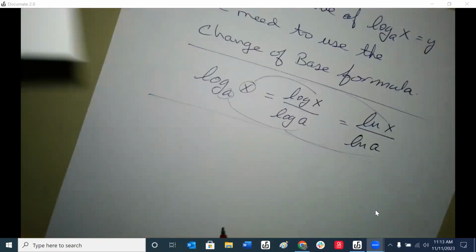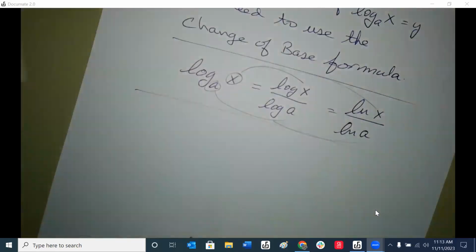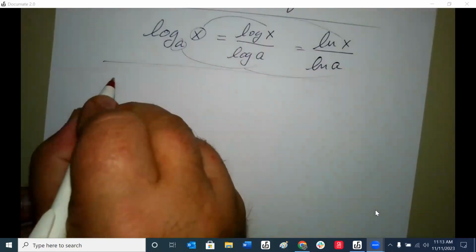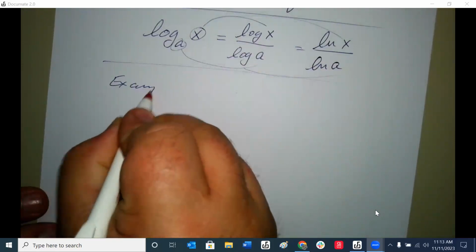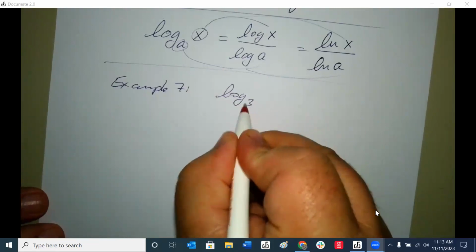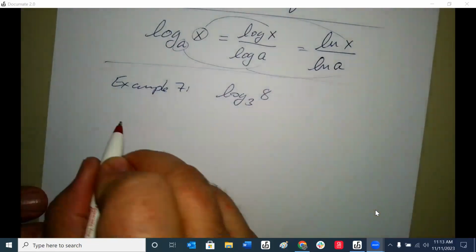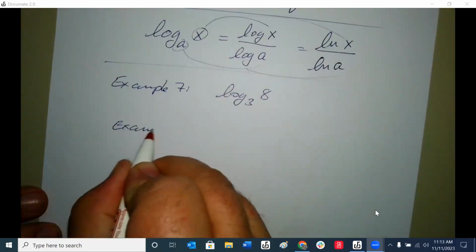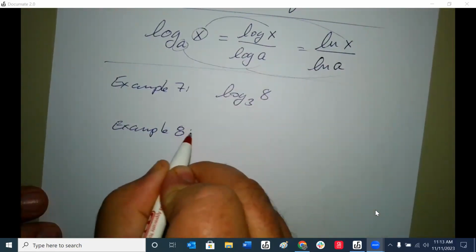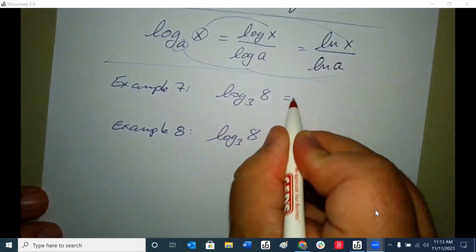All right, so let's see, you have example 7 and 8. Example 7 is log base 3 of 8, and example 8 is log base 3 of 8 as well.